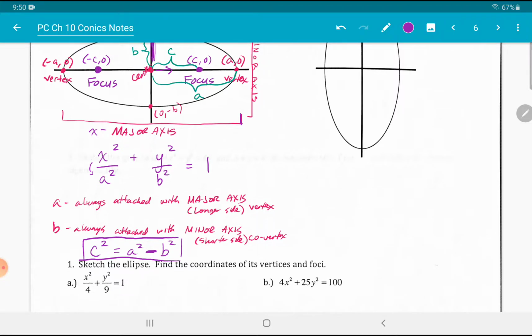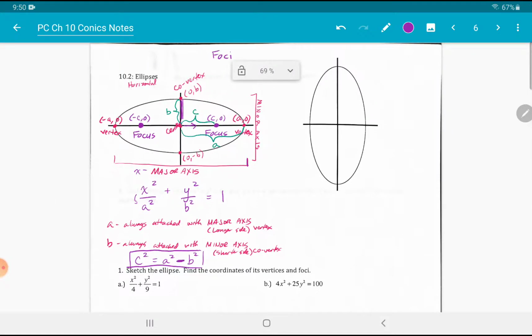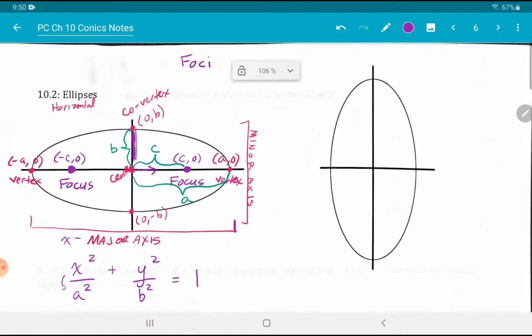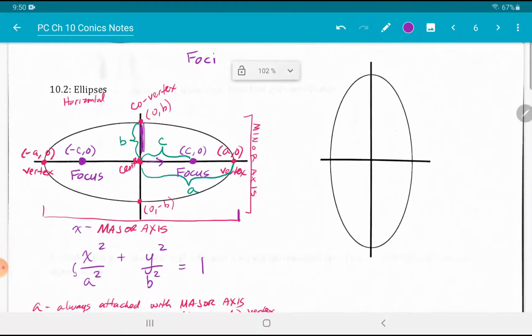Okay. Let's now take a look at the vertical ellipse. In terms of the parts, we can classify it in the same way. If you recall, the longer side represents the major axis. And therefore, at each of those endpoints, those are going to be called the vertices, or vertex for singular.